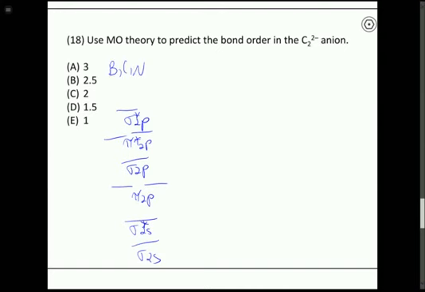And then the other diagram that you want to be familiar with is oxygen, fluorine, and neon. So the bottom part looks identical, sigma 2s, sigma star 2s. But then at the p orbital level, we have a slight difference here. So here the sigma 2p comes first, then the pi 2p, and then the last two are still the same.